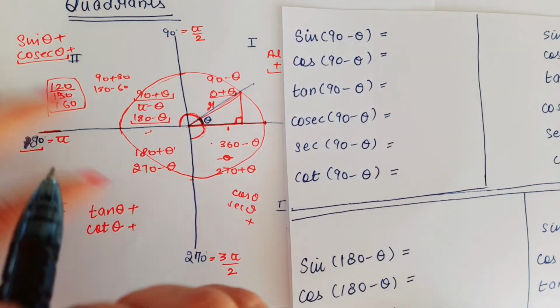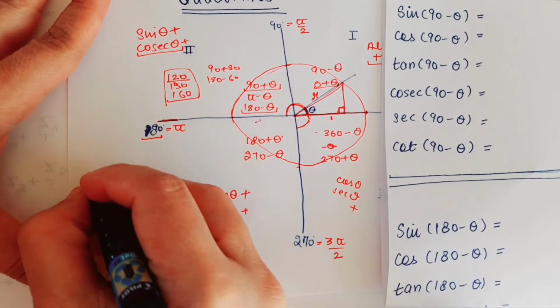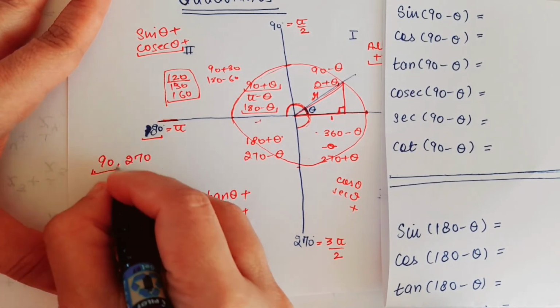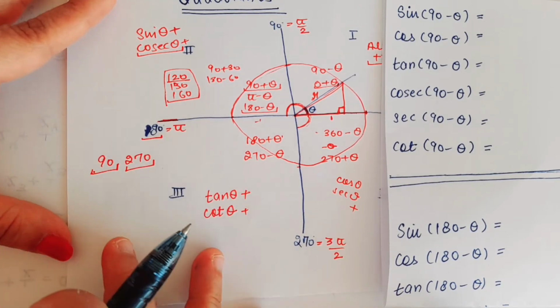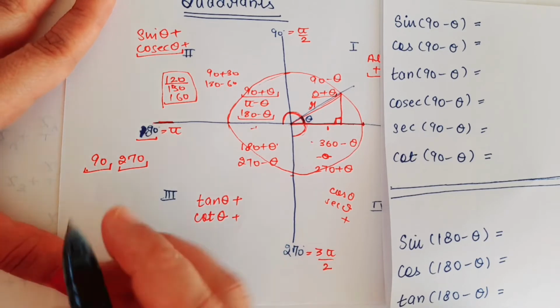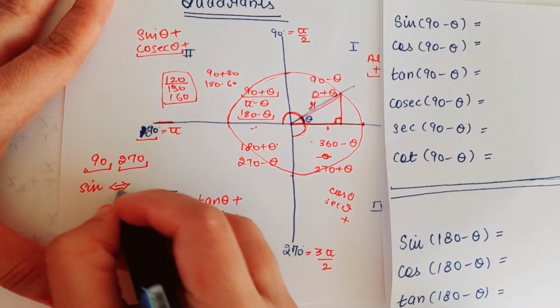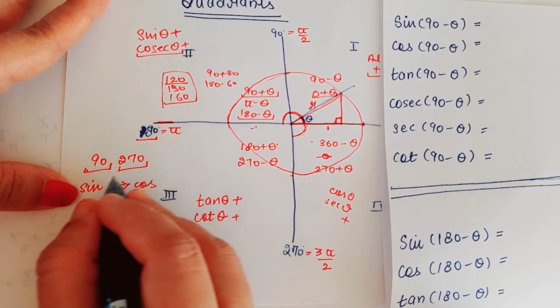And before that we will see one more thing: when we have angle 90 degrees or 270 degrees, whether it is 90 minus theta or 90 plus theta, 270 minus theta or 270 plus theta, you will change sine into cos. Sine will change into cos, cos will change into sine.